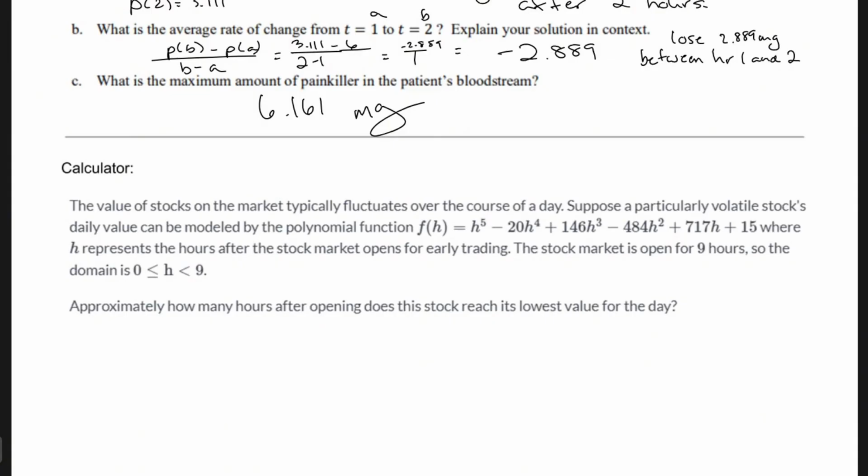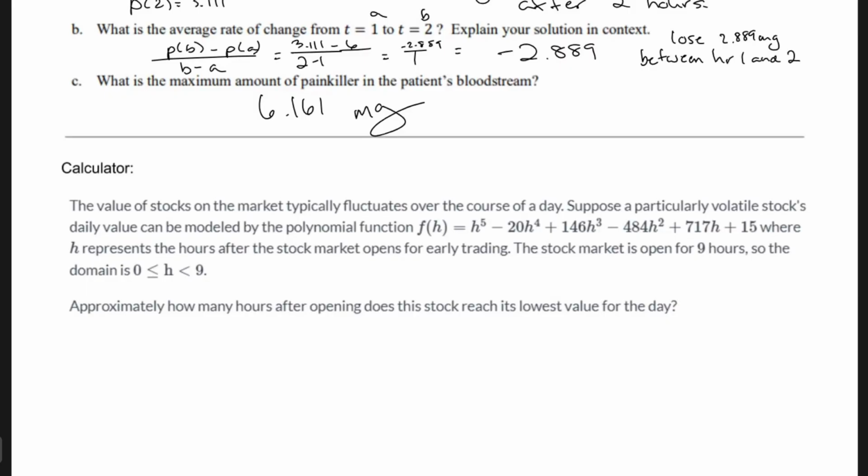Another calculator problem. I mean, all of them have been except for that one step function one. The value of stocks on the market typically fluctuates over the course of a day. Suppose a particular volatile stock's daily value can be modeled by that gross polynomial right there, where H represents the hours after the stock market opens up and for early trading.